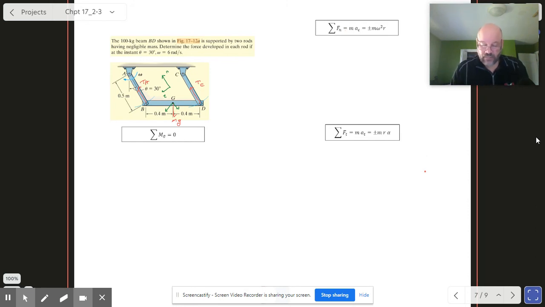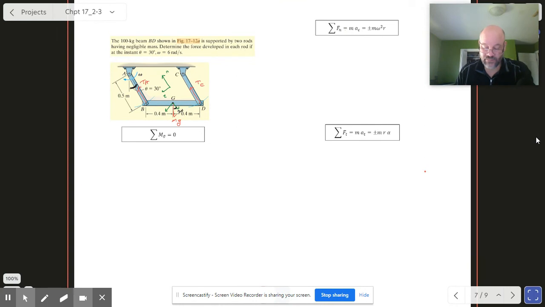Okay, so how do we figure out what those normal components are? Well, it turns out it's not too hard. We've got a 30-degree angle in here, and so that means that actually this angle right here is also 30 degrees right in there. Okay.